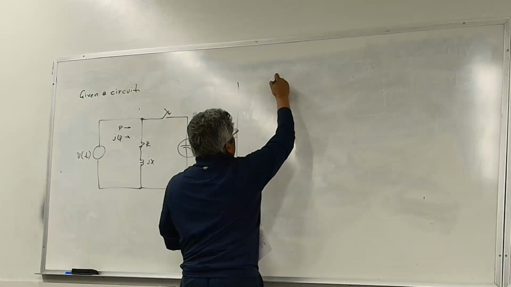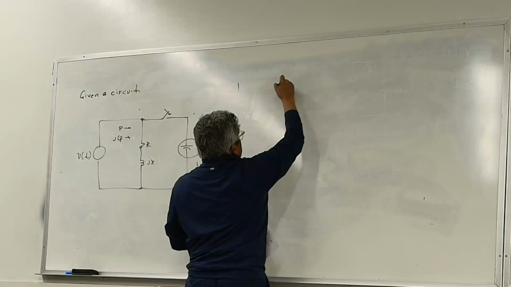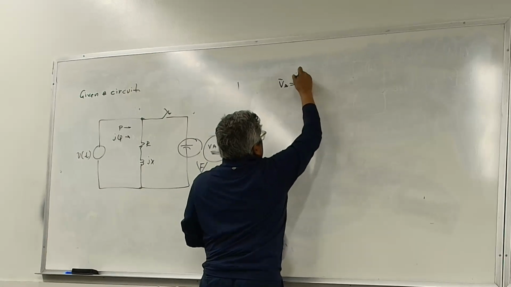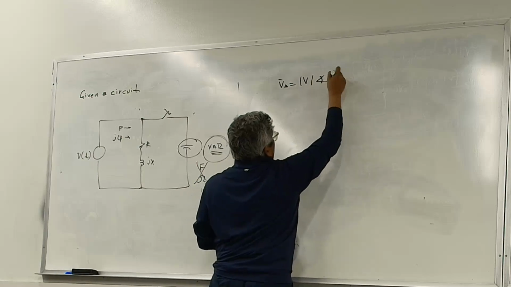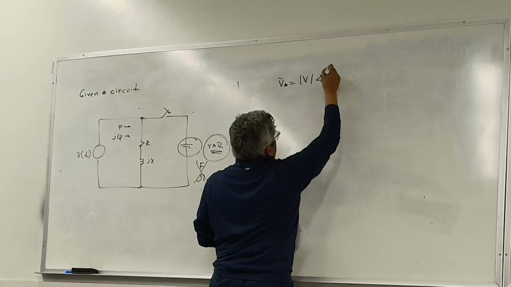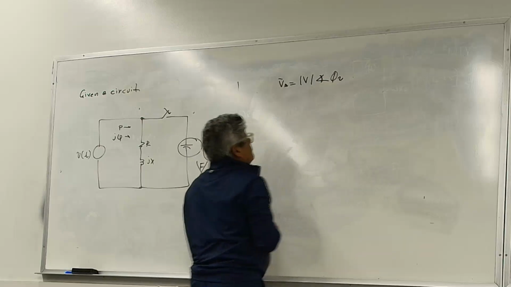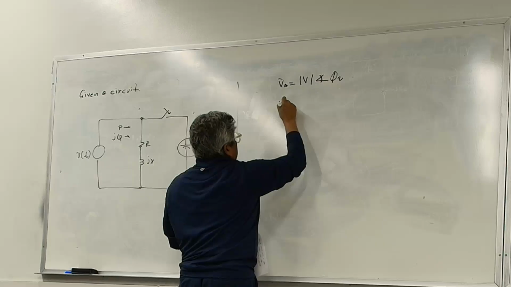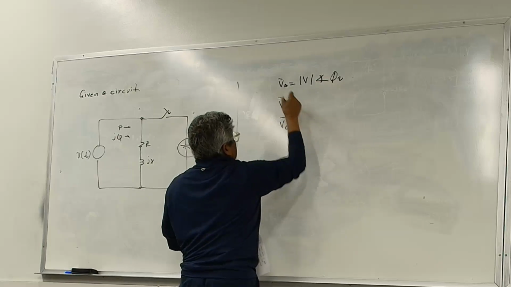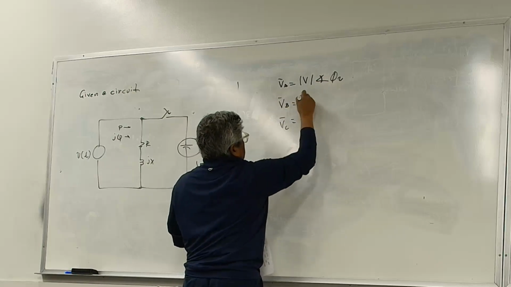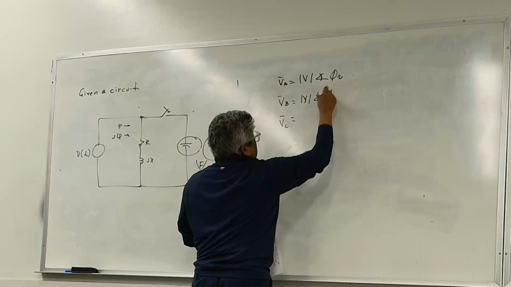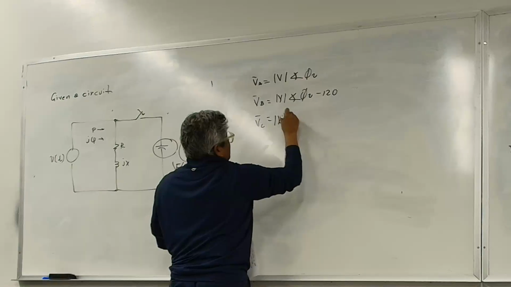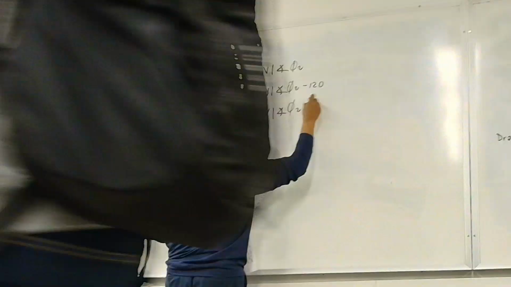But once again, if I give you VA equal to some magnitude V with some angle, phi V, you should be able to find VB and VC, with the same magnitude, at phi V minus 120 degrees, and phi V plus 120 degrees.